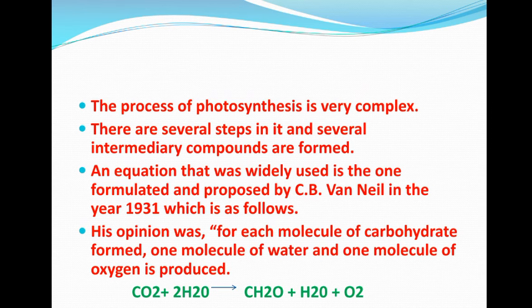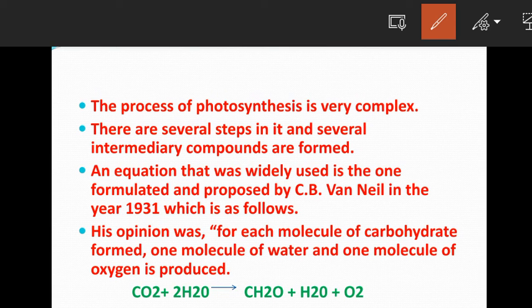So Van Niel said that in the reaction of carbon dioxide and water molecules, a carbohydrate, a water molecule and an oxygen molecule result. So according to Van Niel, the carbohydrate, one molecule of water and one molecule of oxygen are produced in the process of photosynthesis.